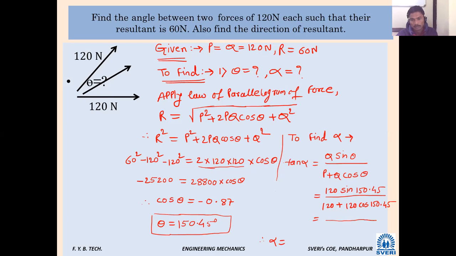What is the value of the numerator? 120 sin 150.45, the answer is 103.89. Just cross check once again. Sir, 103.79. Yes, I also get 103.79.